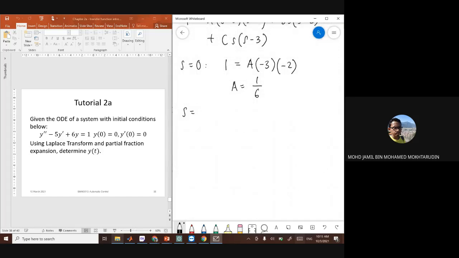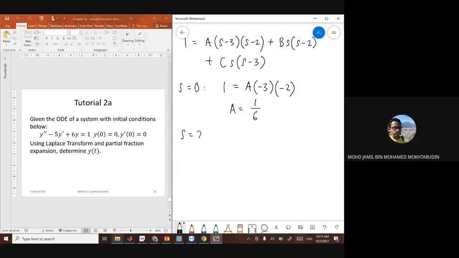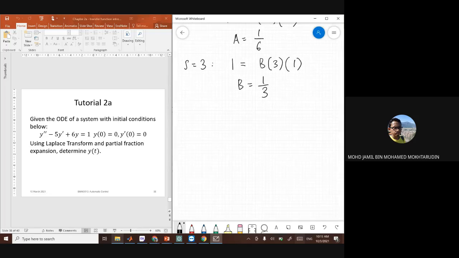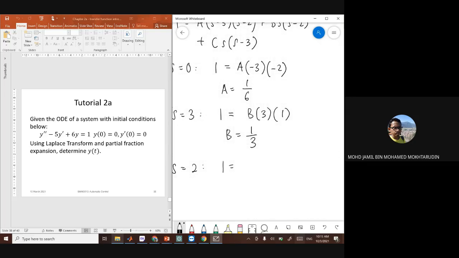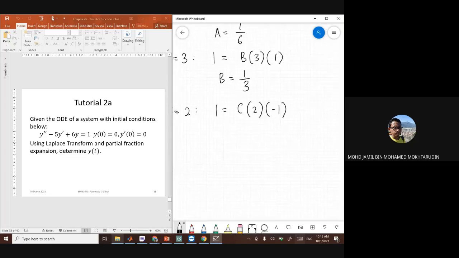And then assume s equals 3. Then you get 1 equals B times 3 times 1. So B equals 1 over 3. And lastly, assume s equals 2. You get 1 equals C times 2 times minus 1. So you get C equals minus half.